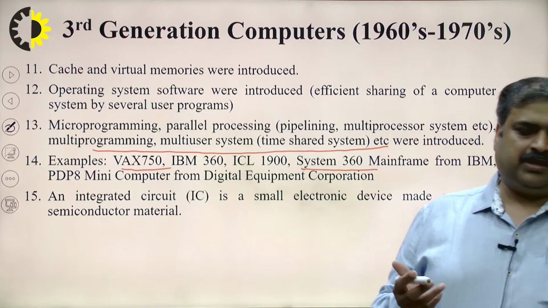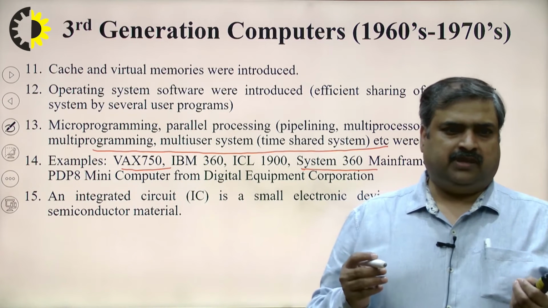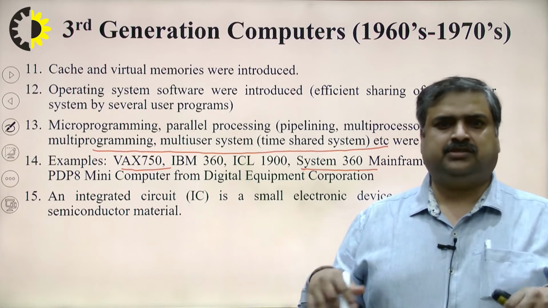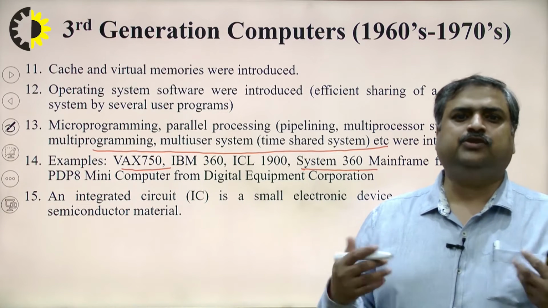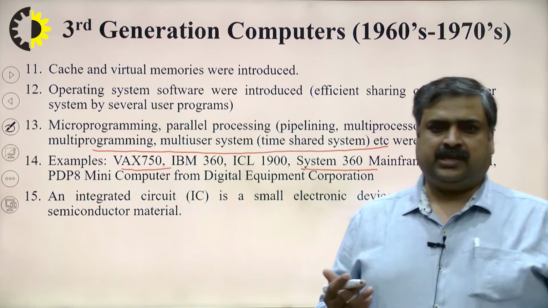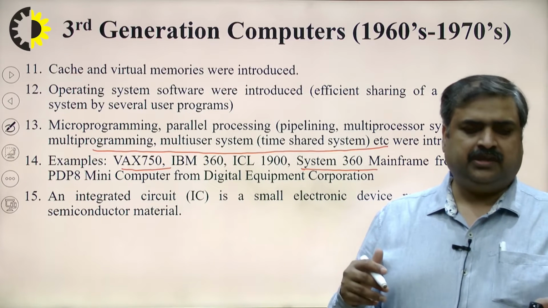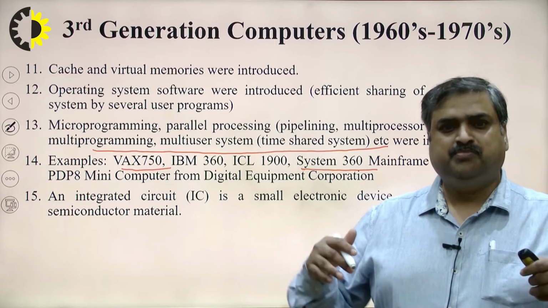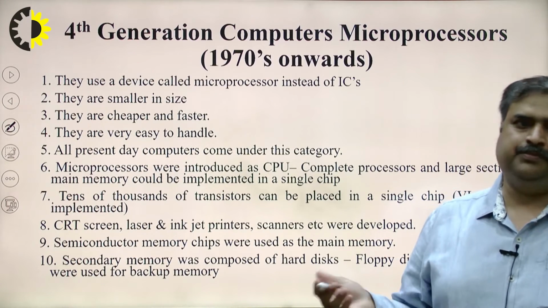ICs are very small electronic devices made with semiconductor material, and they changed the complete scenario of computing. They drastically reduced the size and also improved the performance of the computer.